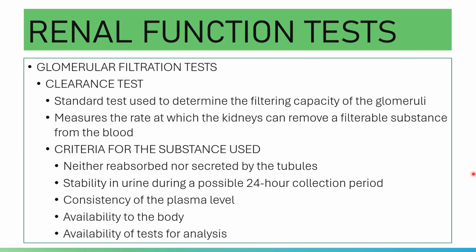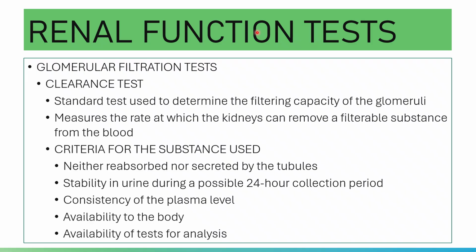They are not stable in a 24-hour collection period. There are substances that are destroyed, and they will not stay long in the urine for the span of the collection time. And then of course, consistency of the plasma level.